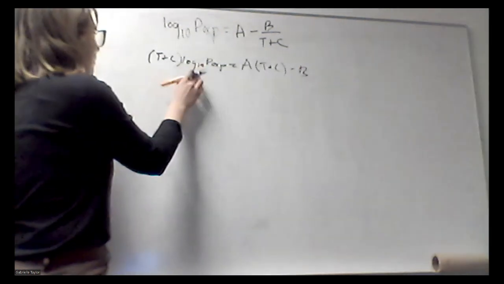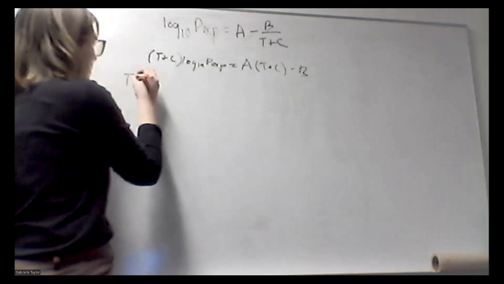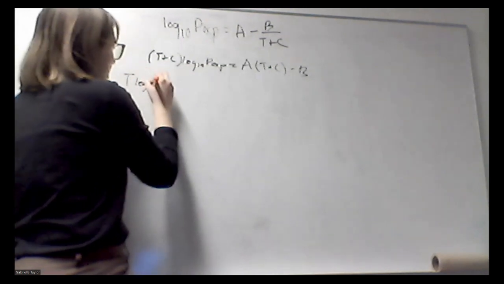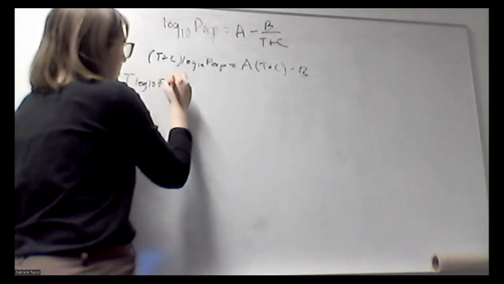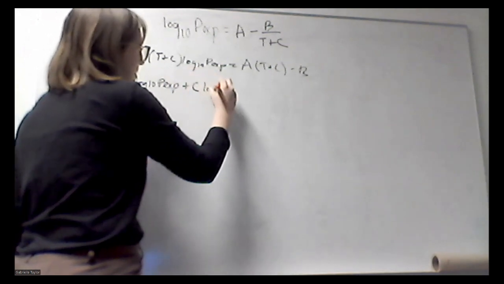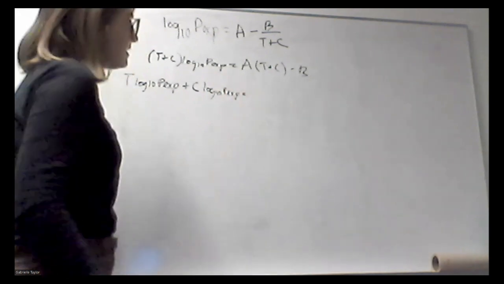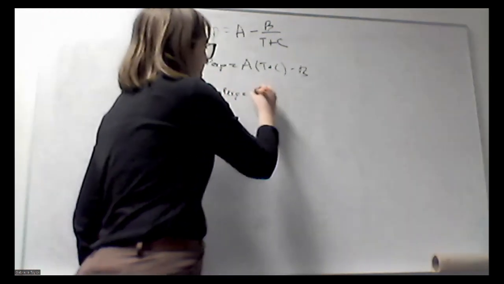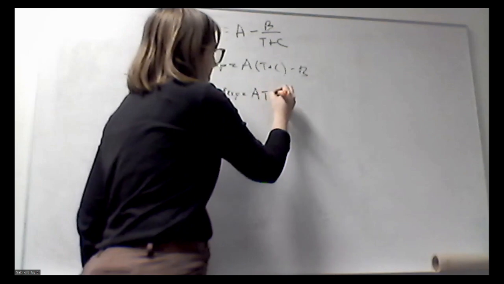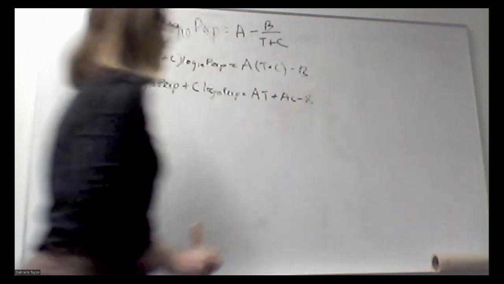So first, let's do t log base 10 of P times P, and then we have plus c log base 10 of P times P. And then this is going to be a t plus ac minus b.